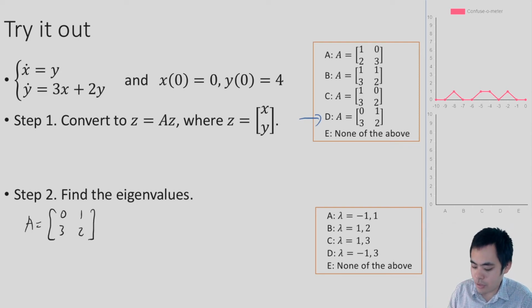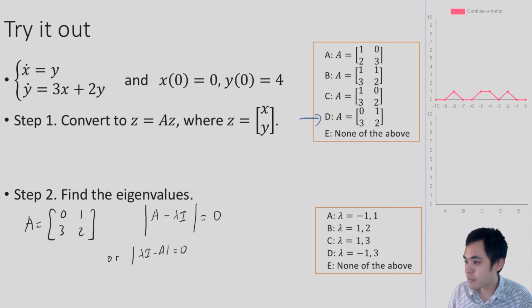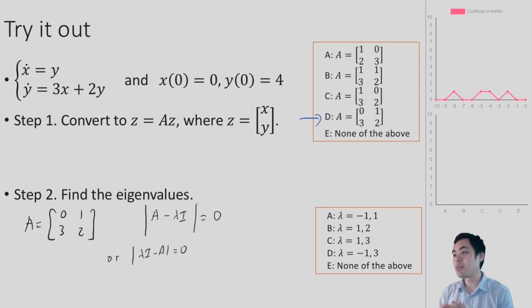You need to take the determinant of either A minus lambda I is equal to 0, or the determinant of lambda I minus A is equal to 0. Yes, use determinants if it's not a triangular matrix. It turns out that if you use the determinant when it's a triangular matrix, you will still get the right answer. It's just that when it's triangular, you have a quicker shortcut.